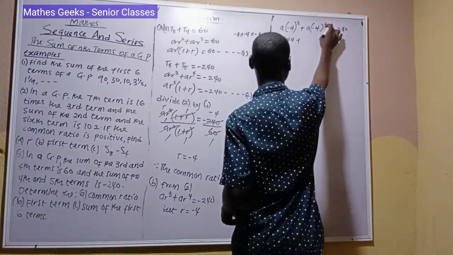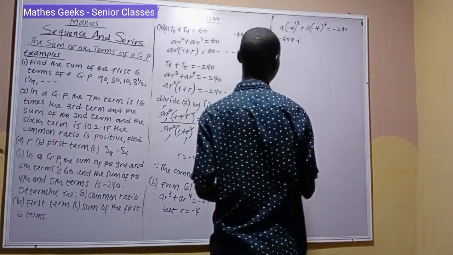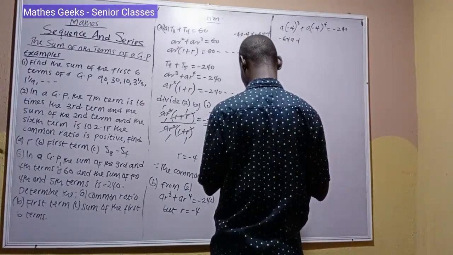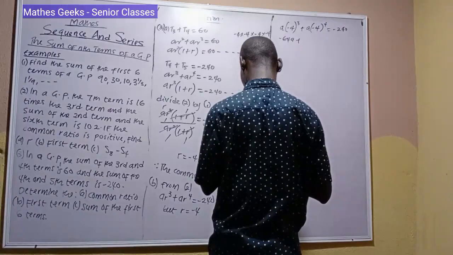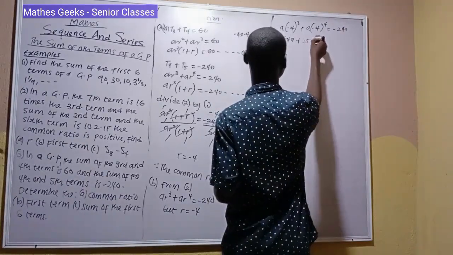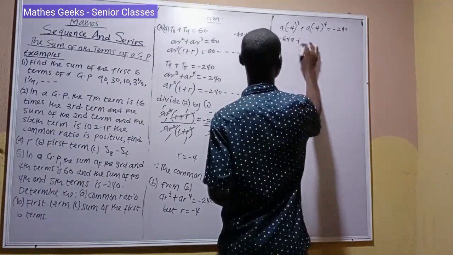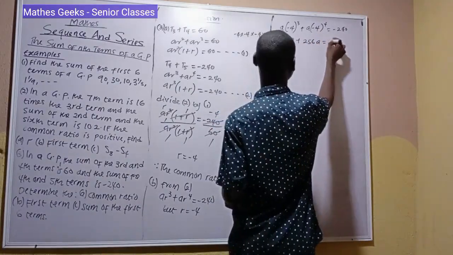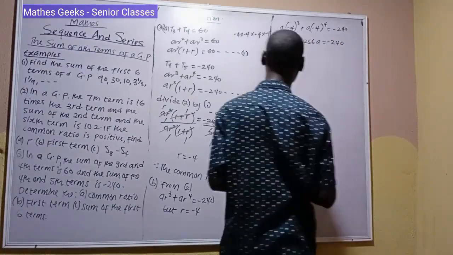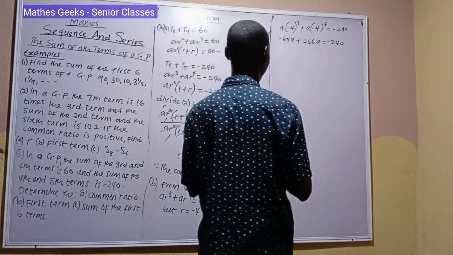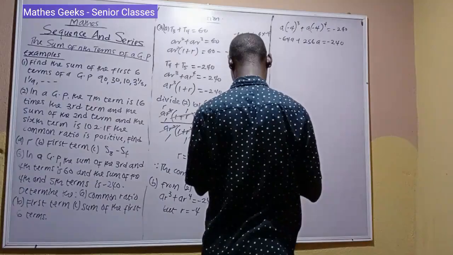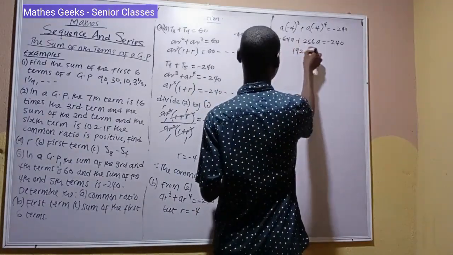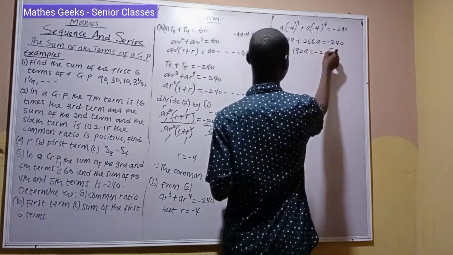Since the power is even, the sign will be positive, and that will give us 4 to the power of 4, 256. So minus 64a plus 256a is 192a equal to minus 240.